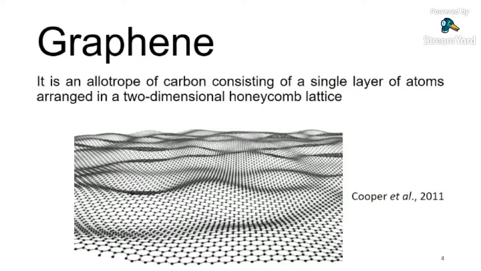This work concerns the environmental properties, and well, there are different methods to produce graphene.